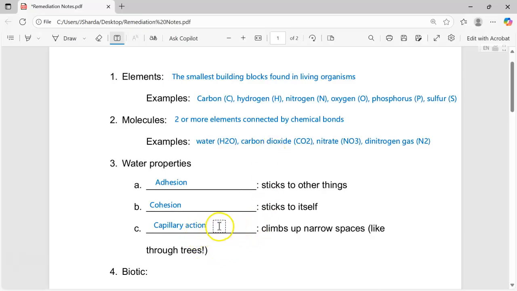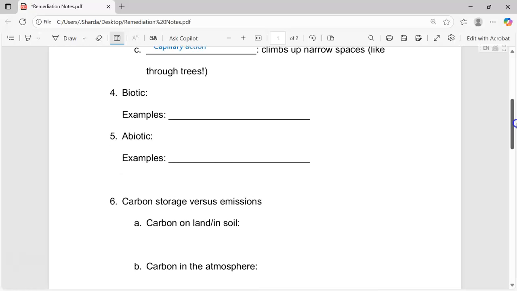Why do I say that adhesion and cohesion are involved here? Well, if you have a very tiny straw of sorts going through the tree, the water will stick to the side of the vessel, to the side of the straw, and it will also stick to each other. The different water molecules will, and that allows it to climb up the straw that goes through the trees.